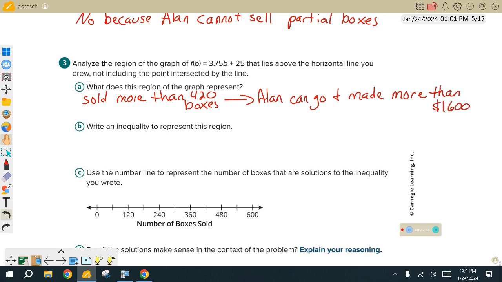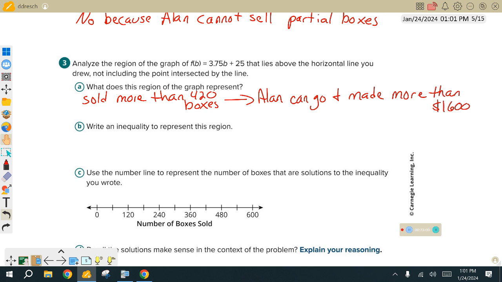Okay? So 420, that's that sweet spot. We make 420, Alan's for sure going. But if he can make more than 420, sell more than 420 boxes, he's definitely going. And then he's going to have some maybe extra spending money or something like that to go with.